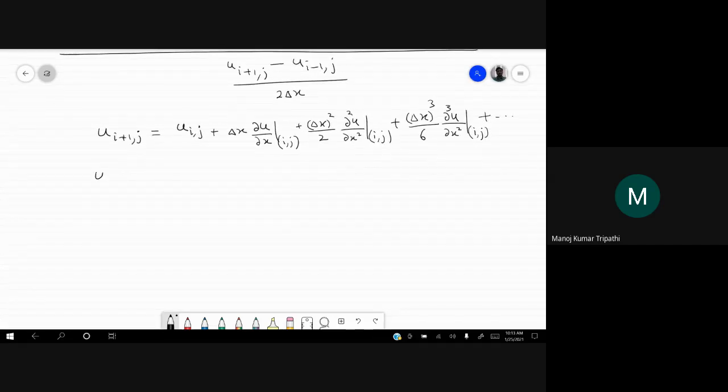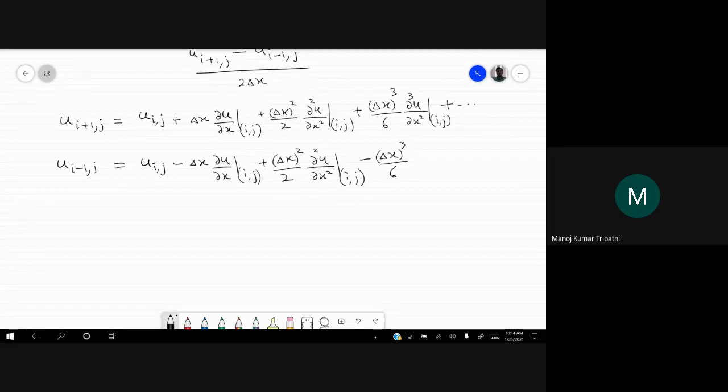Now let us write u i minus 1 j. This is u ij minus delta x dou u by dou x at ij plus, because minus minus will become plus here, delta x square by 2 dou 2u by dou x square at ij minus delta x cubed by 6 dou 3u by dou x cube at ij and so on.